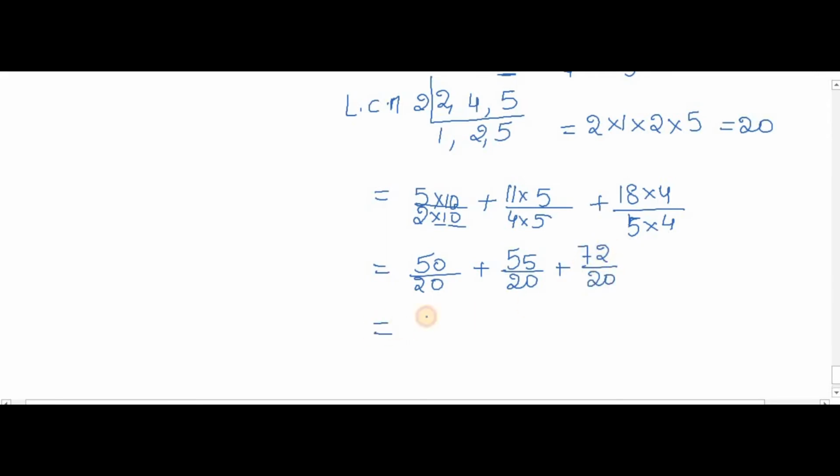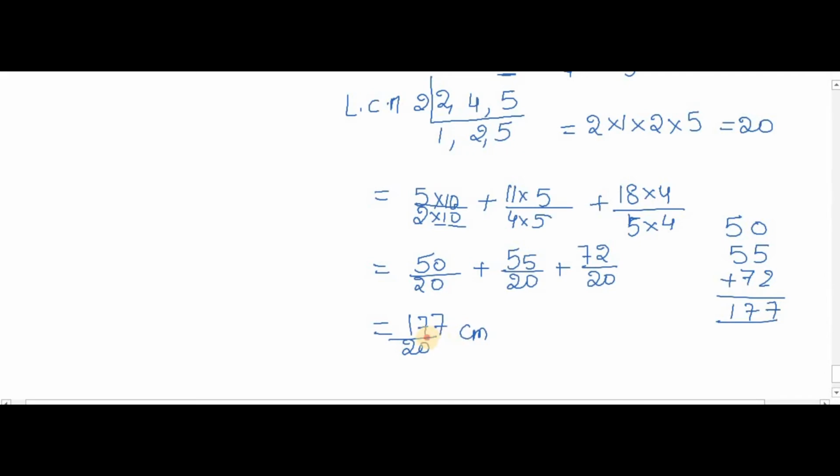Now all my denominators are the same, so I can go for addition of the numerators. My numerators are 50, 55 and 72. Adding them, the total is 177, so my answer is 177 by 20 centimeters.